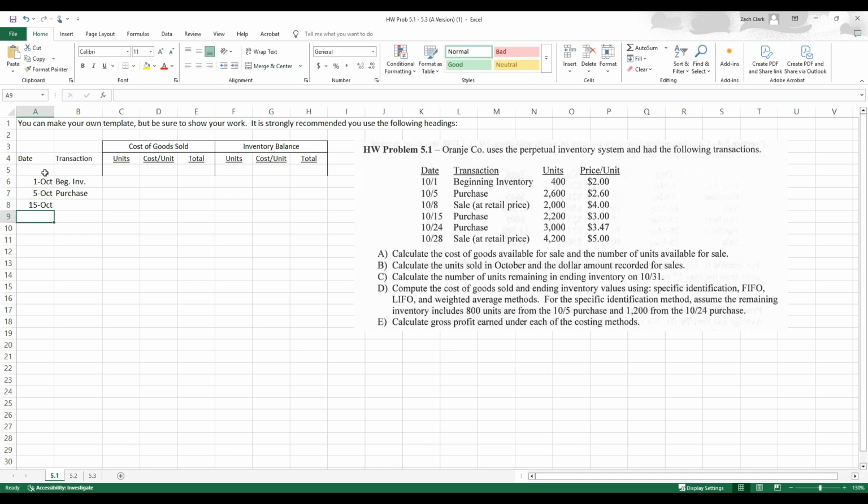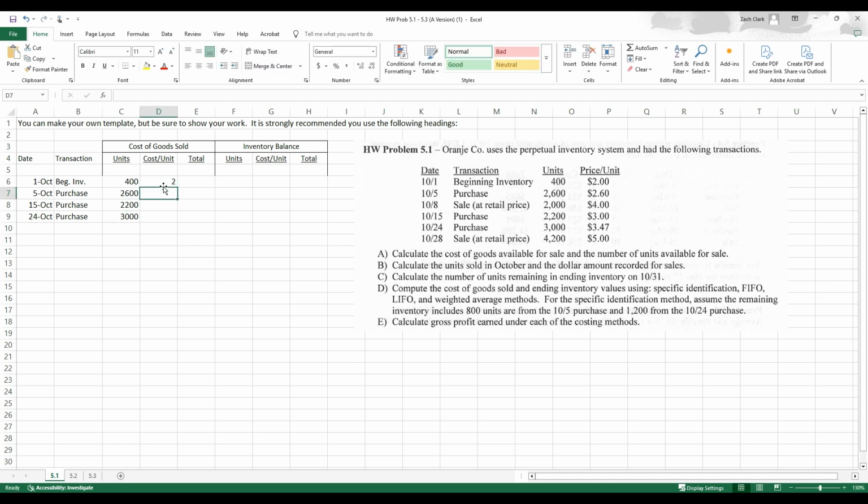So the first thing we're doing is calculating cost of goods available for sale. So we're going to skip that sale transaction, and we're just going to be listing the beginning inventory plus purchases here. Okay. And I think that's all of our purchases plus beginning inventory. So let's go ahead and put in our units, 2,200 and the 3,000.